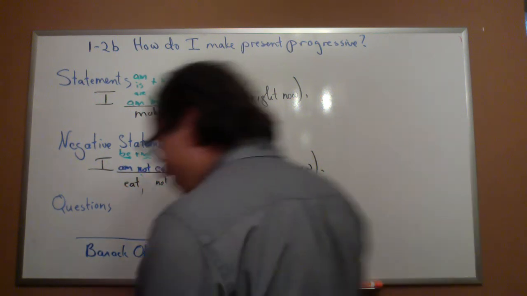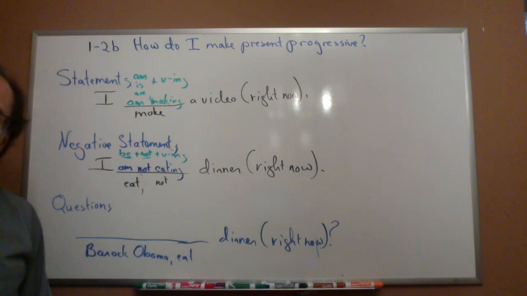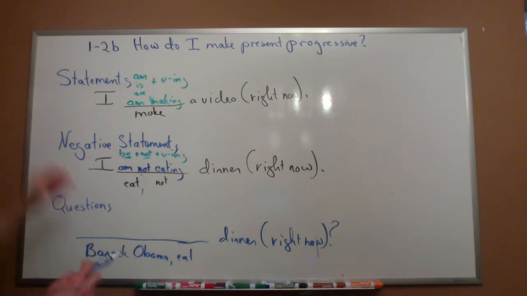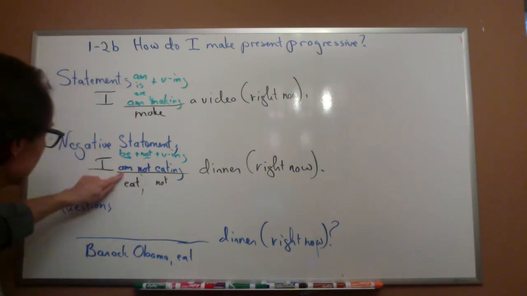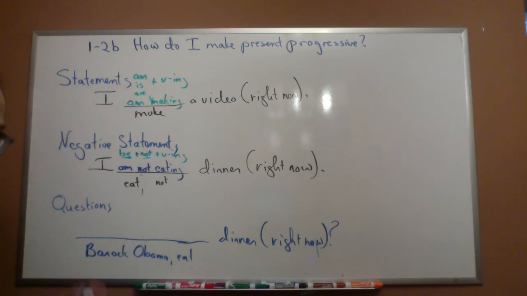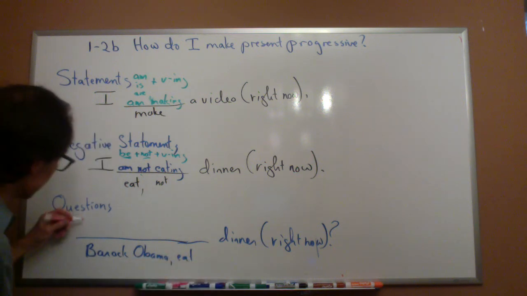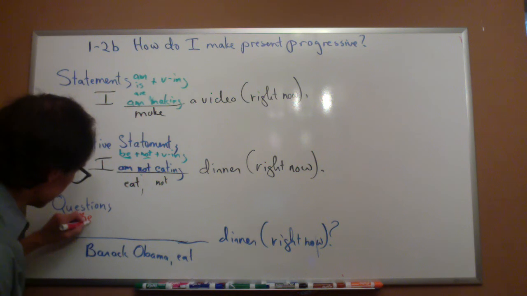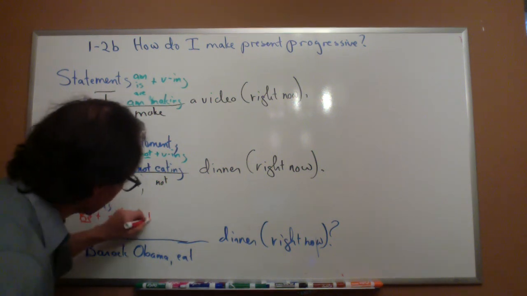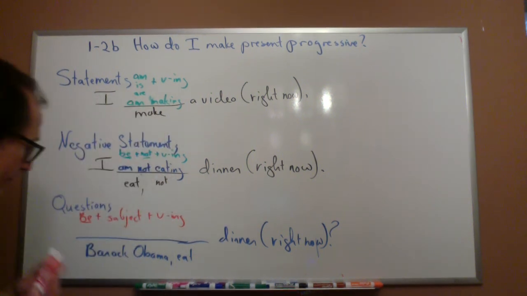So for a question in present progressive, again, much simpler than simple present. I don't have to add do or does, but what I will do is take the be and move it to the front. So the first word that I'll write is be, plus subject, plus verb ing.